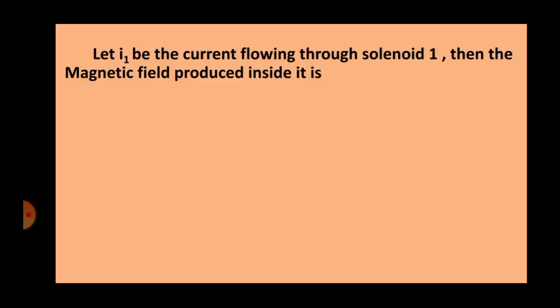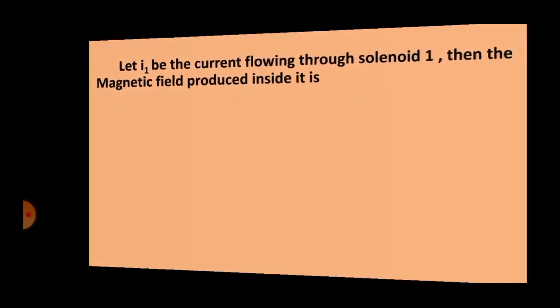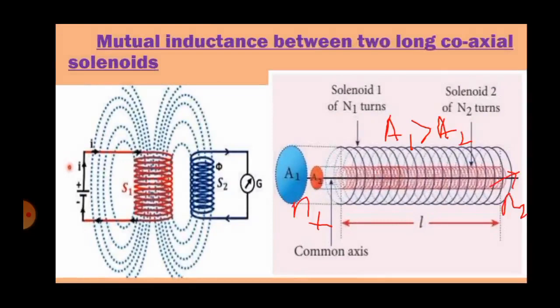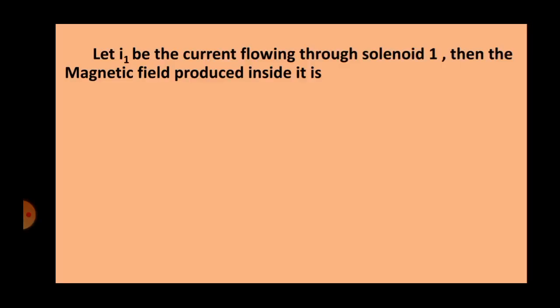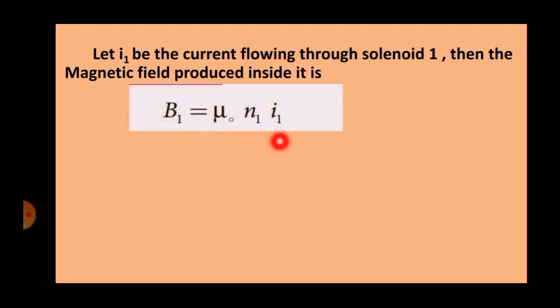Then the magnetic field produced inside the solenoid, at any point inside, is given by B1 equal to mu naught n1 I1.